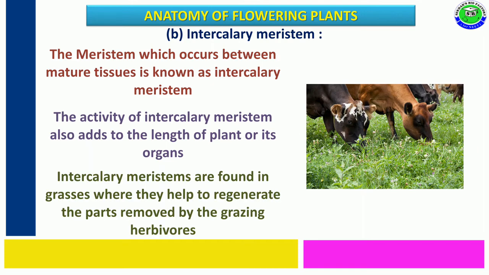A more specific function of intercalary meristem is seen in the case of grazing animals. When animals eat grass, due to the presence of intercalary meristem within mature tissue, when the leaf part is eaten by grazing herbivorous animals, that lost part can regenerate with the help of intercalary meristem in grasses.